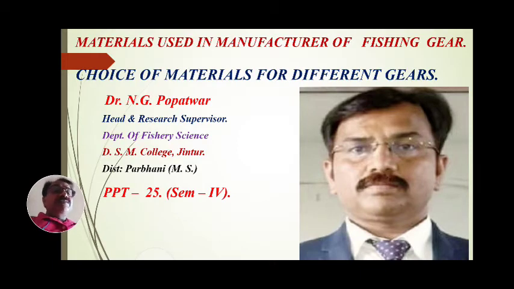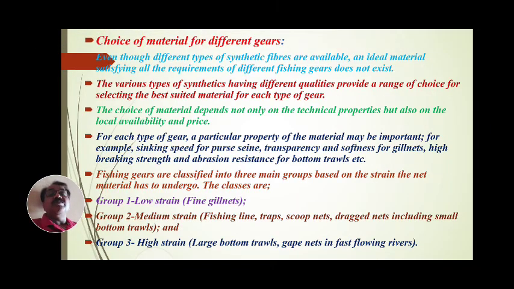Which material we can choose to construct and manufacture the gear, how we can choose the material, and what are the probable reasons to choose the materials. All of these are seen in this last aspect, choice of materials for different gears, in materials used in manufacturing of gears. It is the last part of this unit, that's why it is important and most useful.